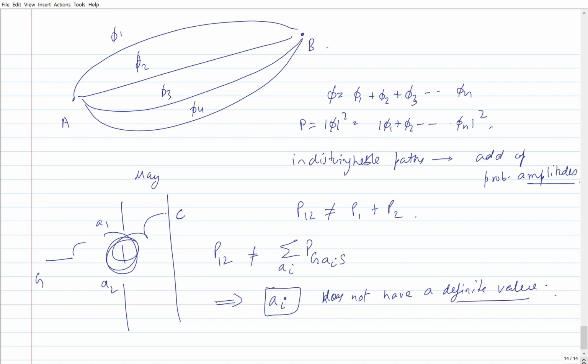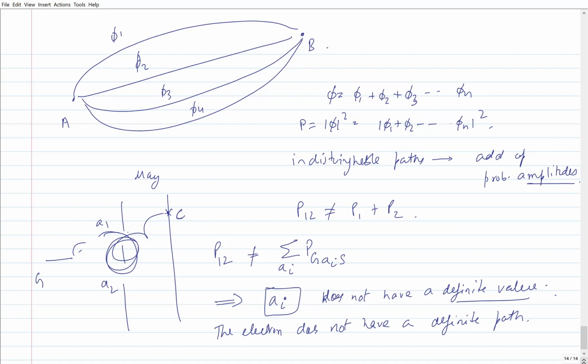So in some sense, the electron does not have a definite path. We do not know which slit the electron is taking towards this journey towards C.